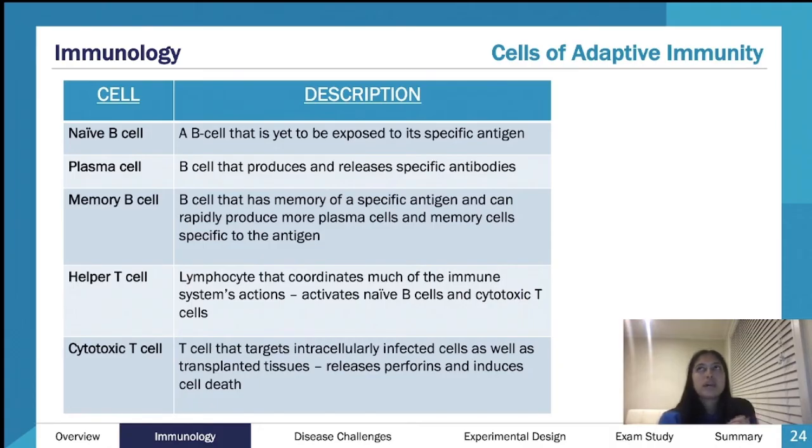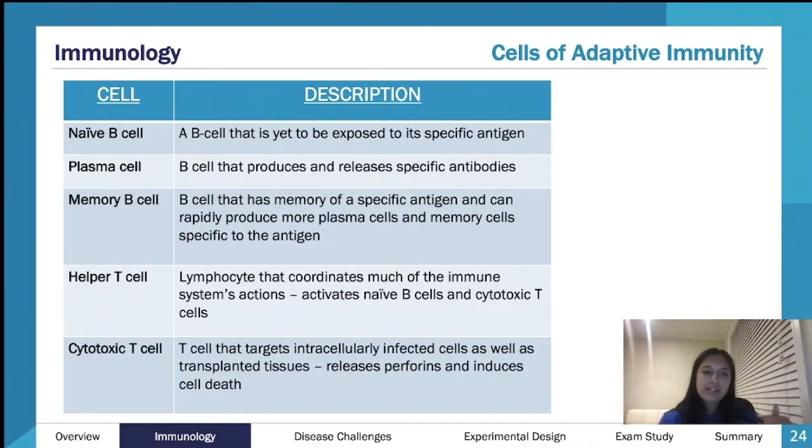Oh, maybe B cells are a bad one for COVID. But let's just say, for example, it may not be accurate. We've got our little B cell that's hanging around that's specific to COVID or whatever other infection. That would be naive because it hasn't come across its antigen yet. Then COVID came into our body, and this B cell was saying, woohoo, I found my complementary antigen. So that's the idea of when they become a mature B cell or an activated B cell.